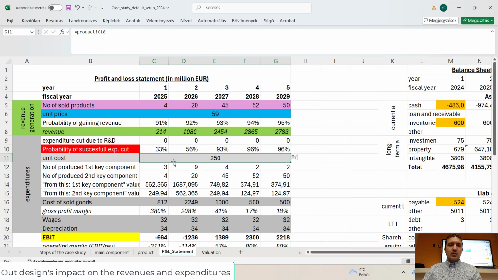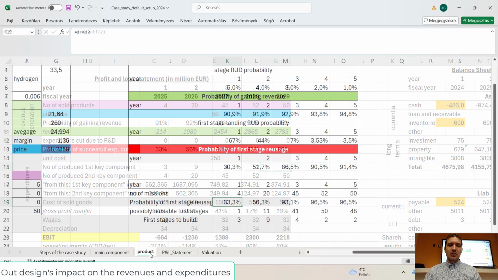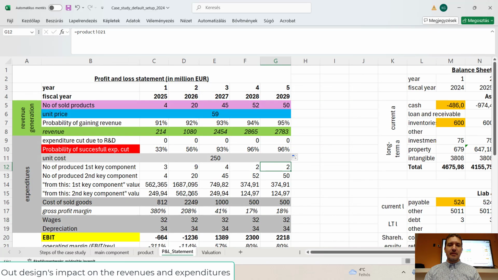Yes, unit cost. Unit cost is coming directly from the dataset, so we don't have to do anything with that. Number of first key components, or number of first stages manufactured, it's already linked here. Number of produced second key components, or second stages, it's also linked.